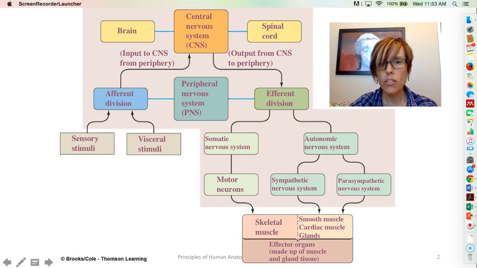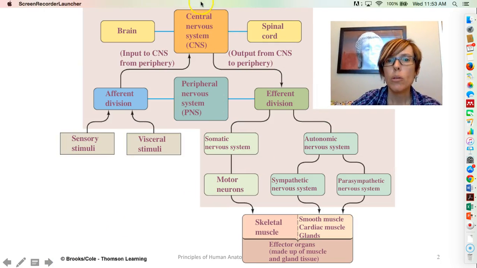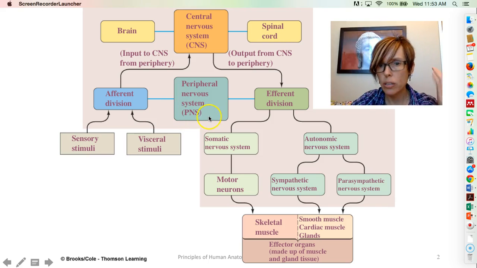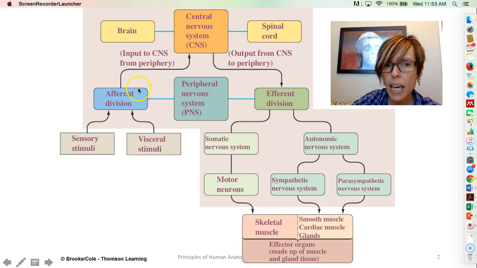All right, so let's take a look at this image. Here we have our central nervous system, which we've talked about, consisting of our brain and our spinal cord. Then we also have our peripheral nervous system, all the different nerves going to and from different organs. We had the afferent division.